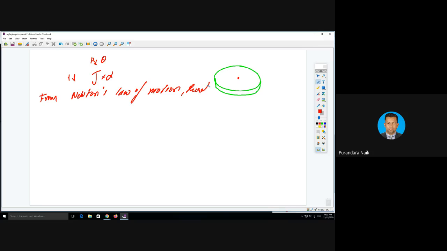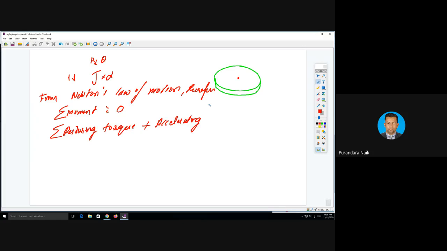therefore, the summation of all the moments is equal to 0. What is the summation of restoring torque plus accelerating torque?